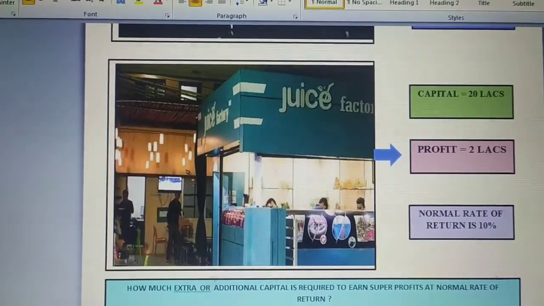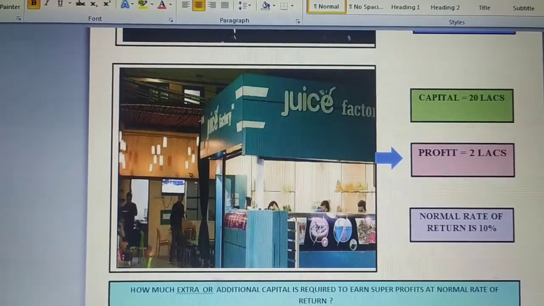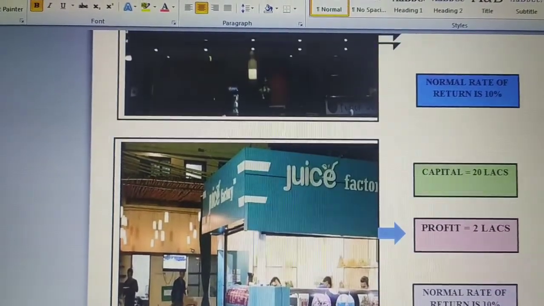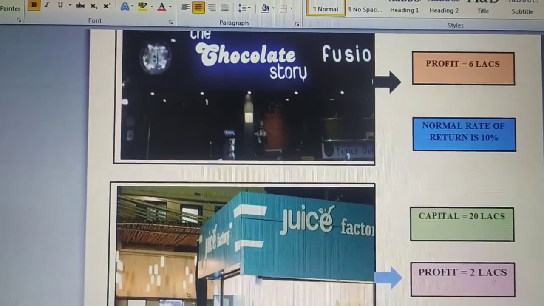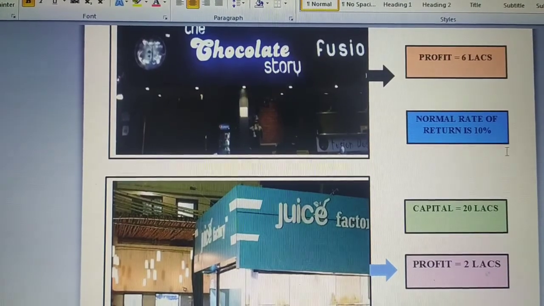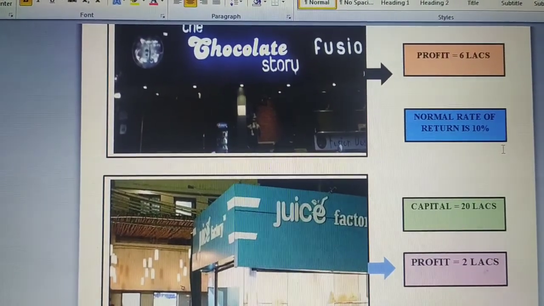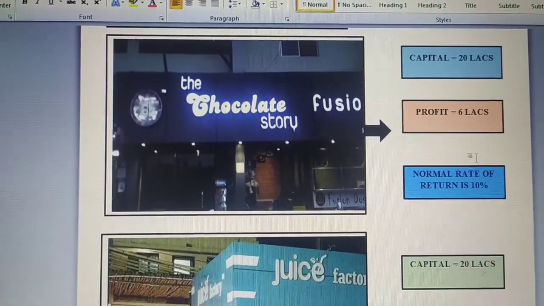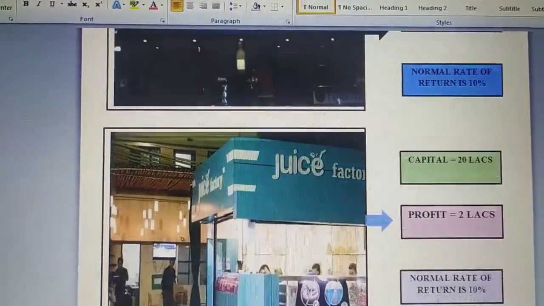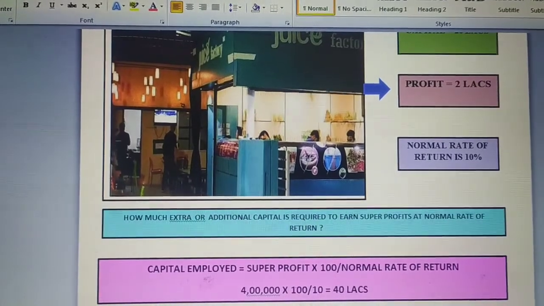Normal profit से जो ज़्यादा profit होता है, that extra profit is known as super profit. So here, can you tell me how much extra profit Chocolate Story is earning? If you subtract these two amount, you will get the extra profit, which is super profit. 6 lakhs minus 2 lakhs. You will get 4 lakhs, which is the super profit.